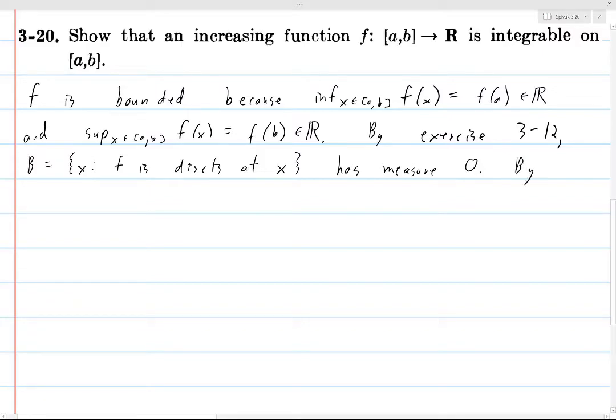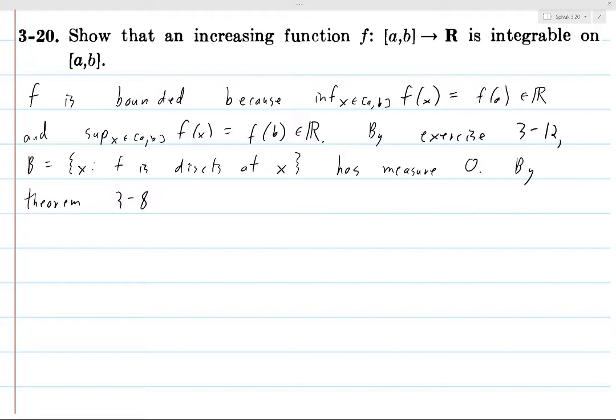Then, by theorem 3-8, what does that say? It says that if you have a function which is bounded, then this function is integrable if and only if its set of discontinuities has measure 0.